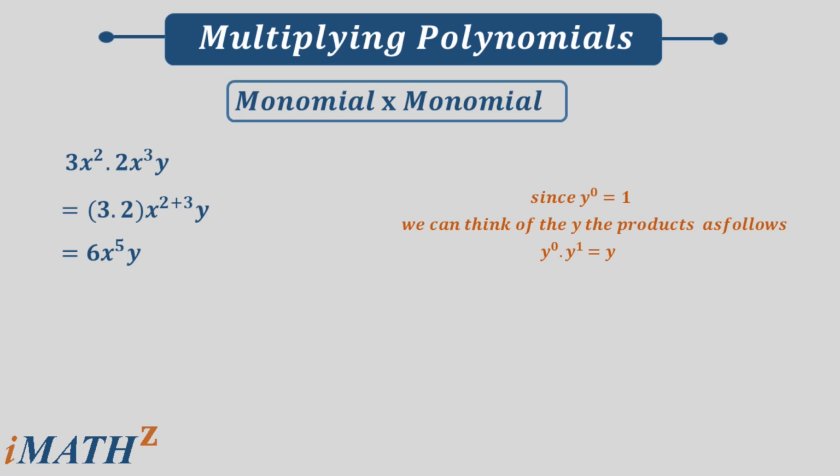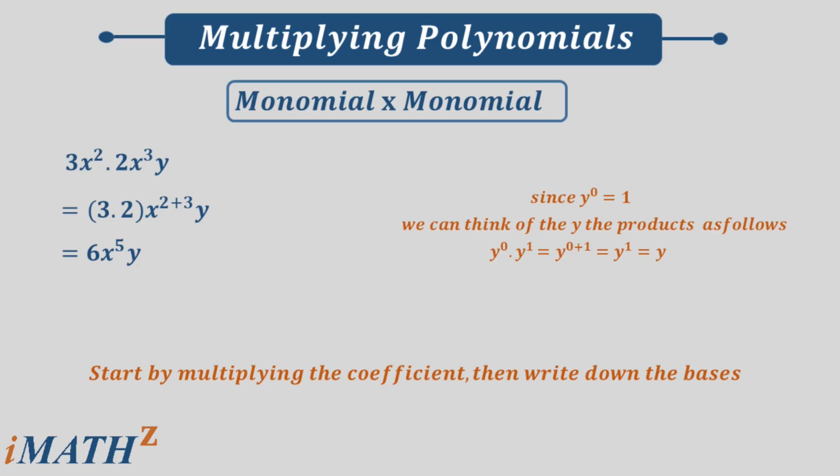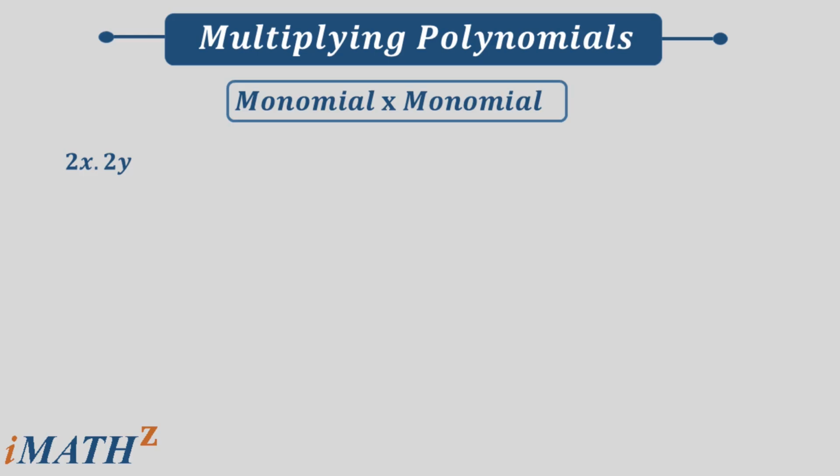In summary, to multiply a monomial times a monomial, start by multiplying the coefficients, then write down the common bases and add their exponents or powers. Let's take a look at another example, such as 2x times 2y.